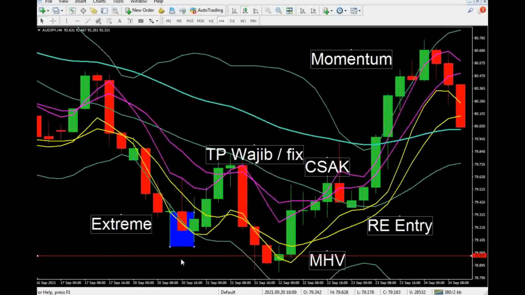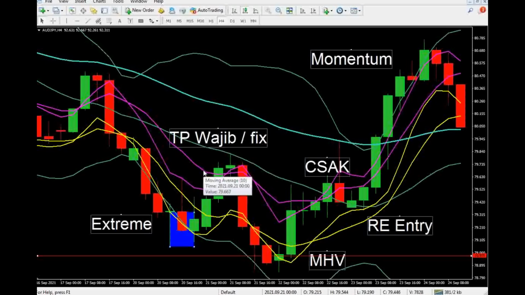Okay, the next thing is where we need to cut profit. It is in the TP fixed place. Where is the TP fixed place? The first one is the high moving average in this example, because this example is the extreme low.